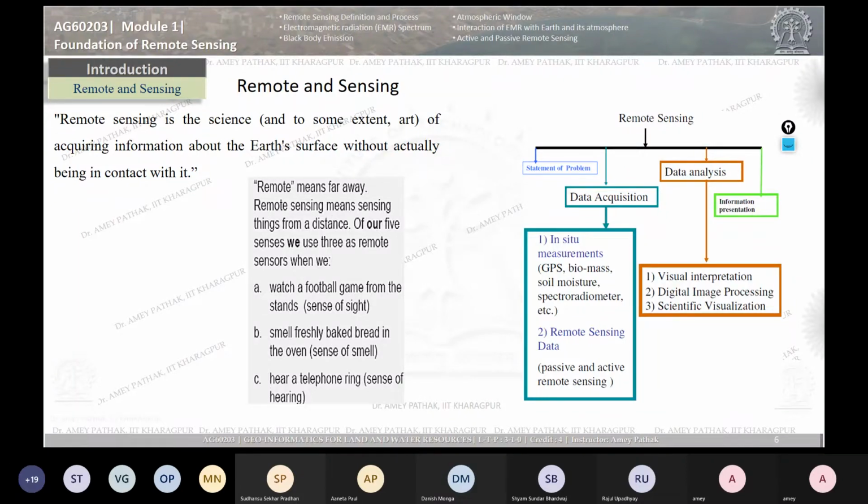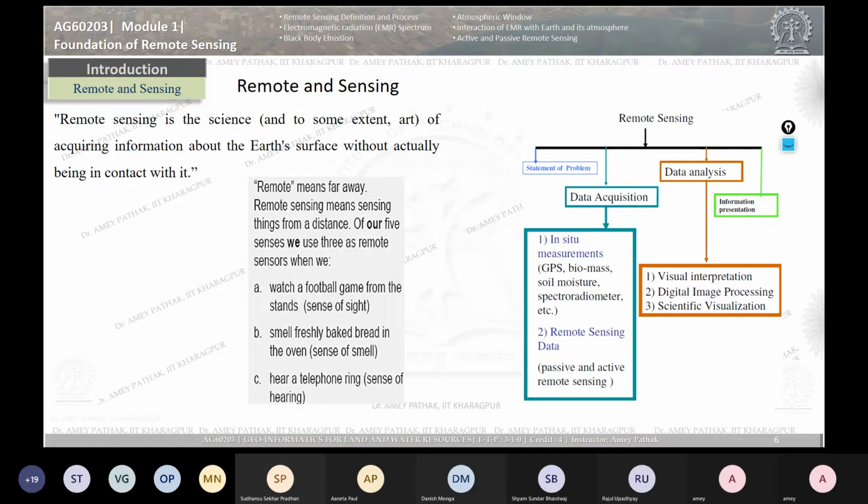Taste, touch, vision, hearing, and what is the fifth one? Smell. Right. Out of those five senses, touch and taste mean we can interpret the object only by physical contact.